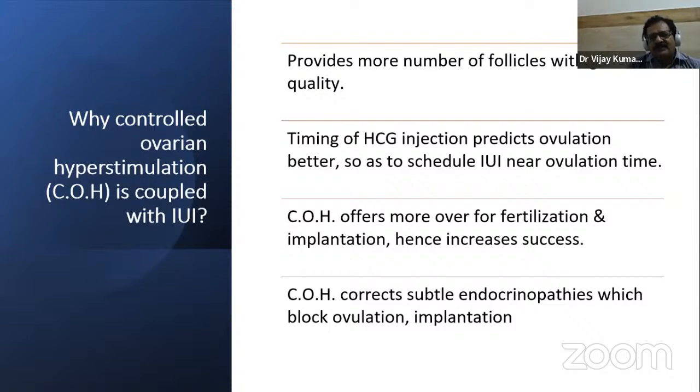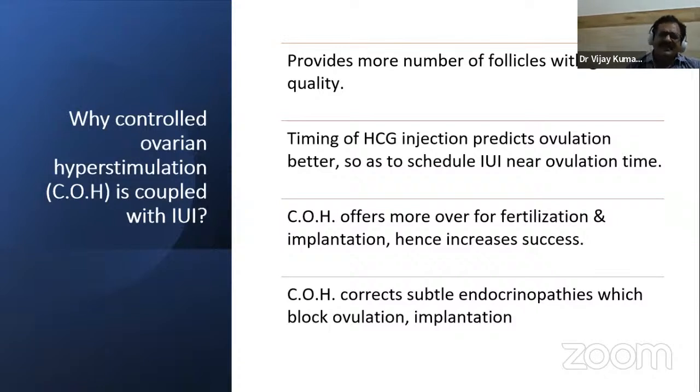If you do it about 48 hours before or after the ovulation, then it doesn't make any sense in doing the ovulation induction. Controlled ovarian hyperstimulation offers more for fertilization and implantation. Hence, it increases the conception rate.